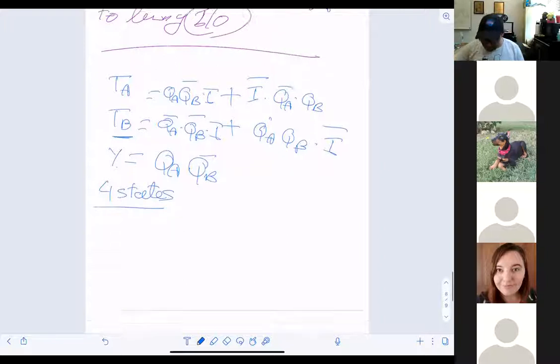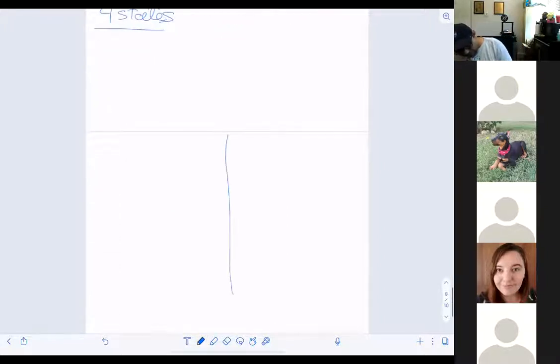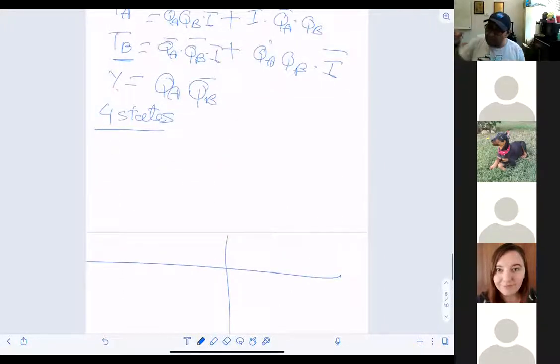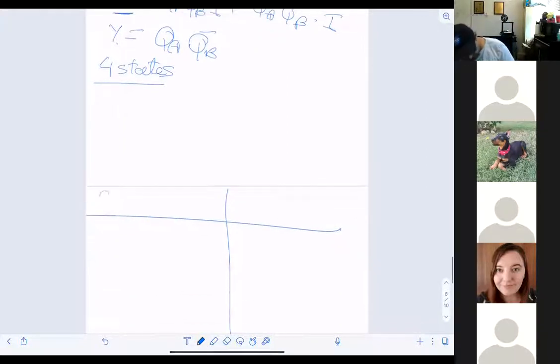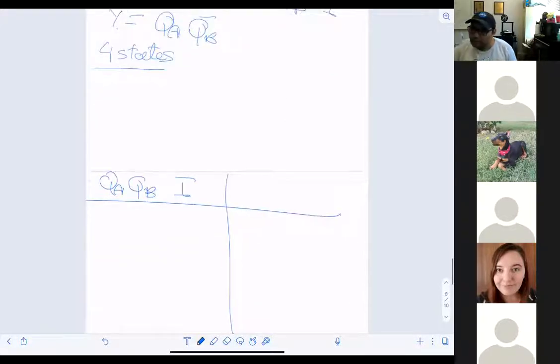I know 4 states, so I will start to build my table, right? I know it's 4 states, so that means I need 2 what? QA and QB. QA, QB, and I have I as an input, and I know that it's a state table, so that means there is QA plus, QB plus, and I have Y. Right?